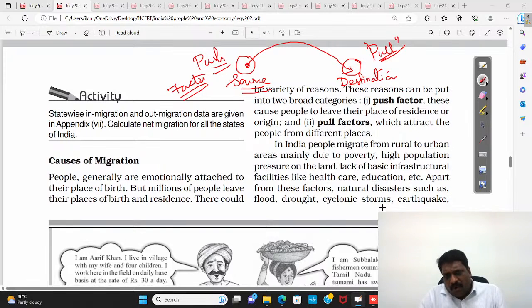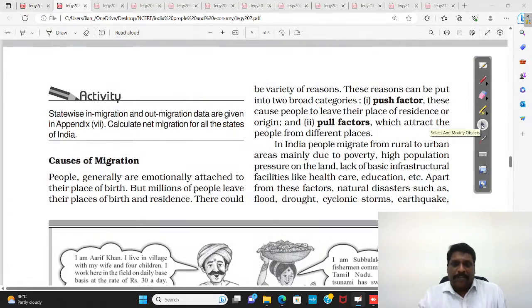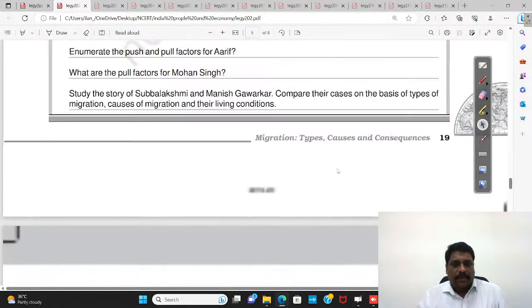All this can act as push factors. Employability, even having a good climate, all this can be pull factors. See, pull and push is more perceptual in nature, but whatever factors try to push you out from a place, you call them push factors. Whatever forces try to pull you towards it, you call them pull factors. Okay, so what is push and pull, and where exactly push and pull will be acting, that also I should know.